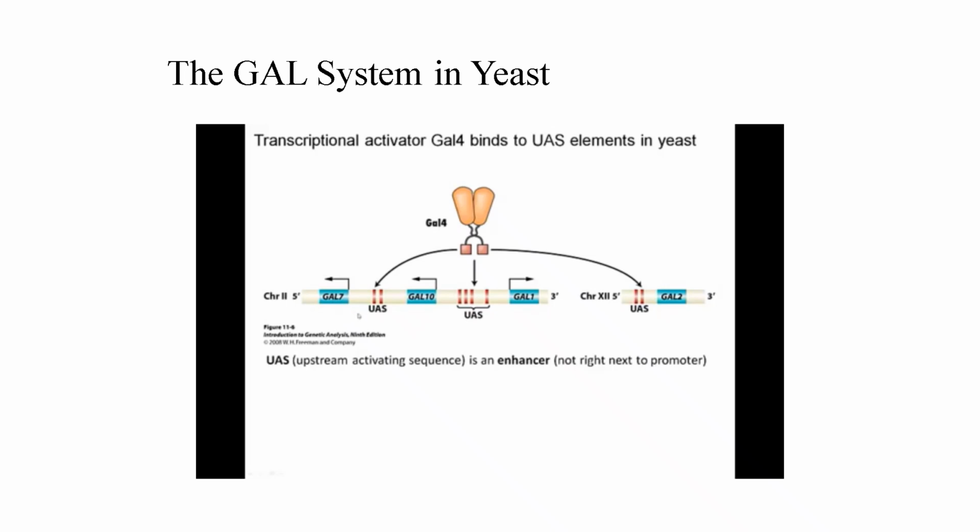These enhancer elements are called upstream activating sequences, or UAS sequences. When GAL4 binds, the nearby GAL gene is transcriptionally activated and gets transcribed and then translated at high levels.